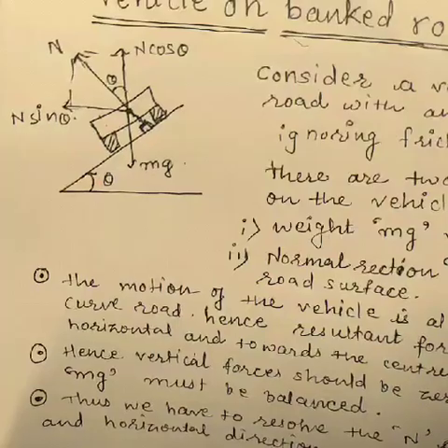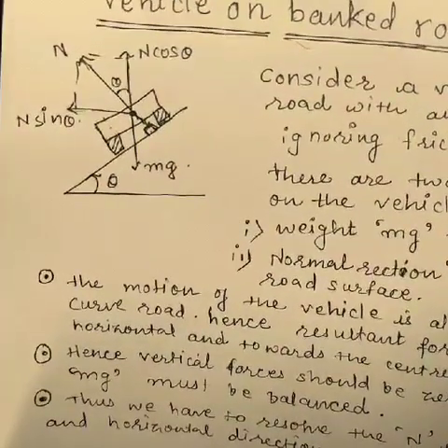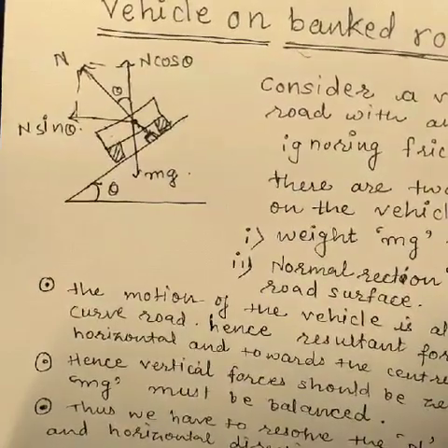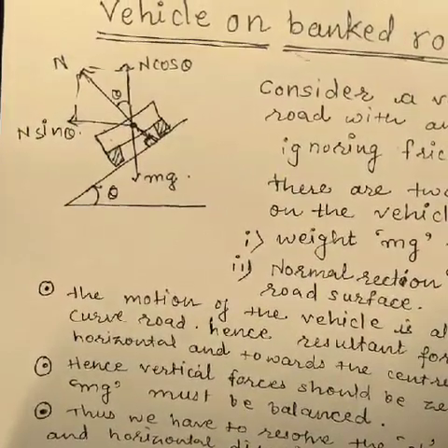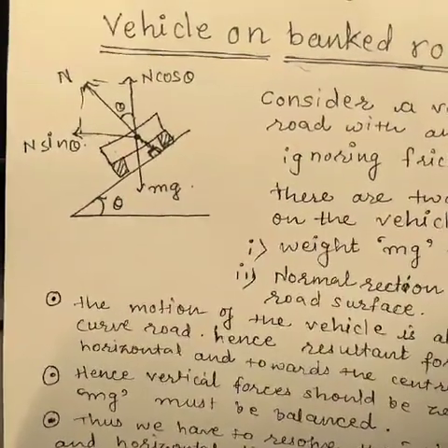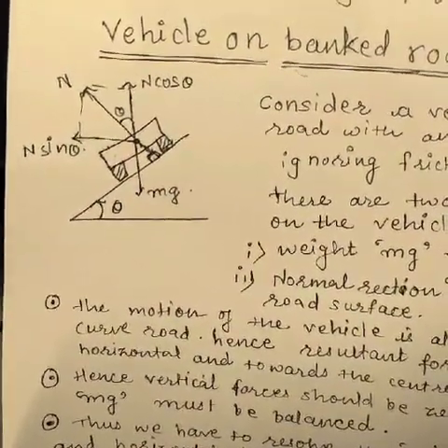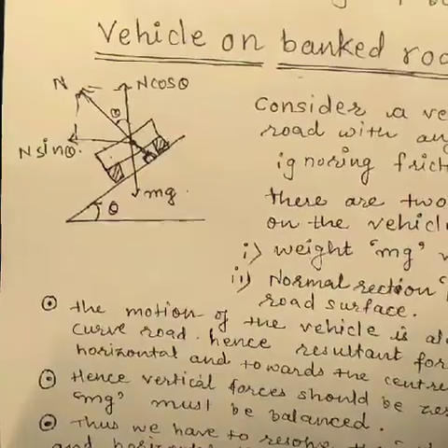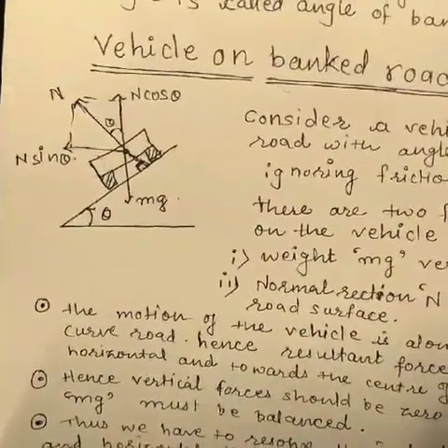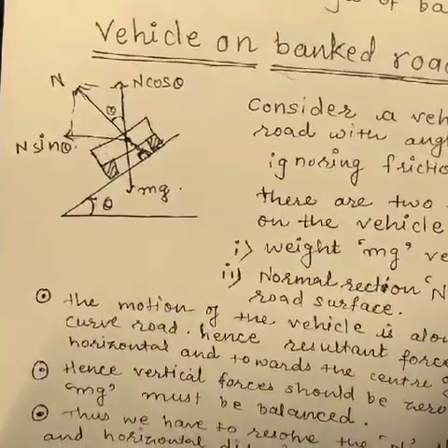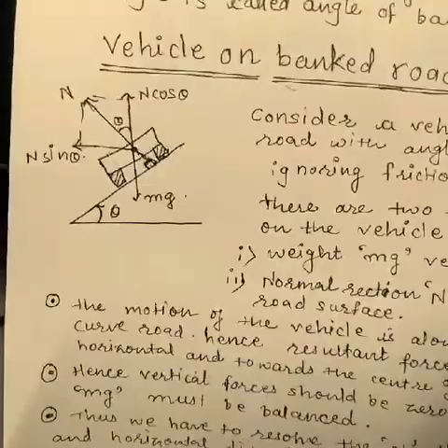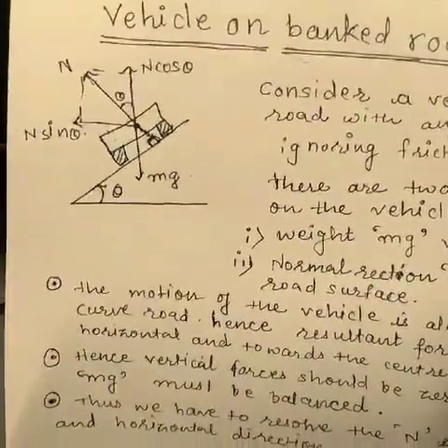Now the only resultant force acting is N sin theta, which is towards the center. This centripetal resultant force N sin theta helps the vehicle trace the curve, and it also balances the centrifugal force.